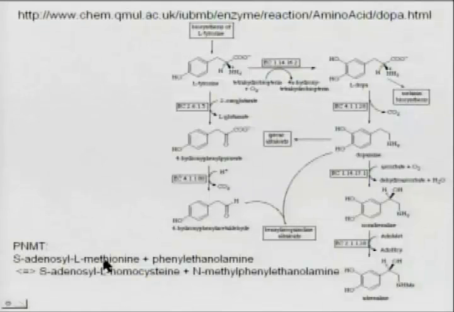Common methyl group source or provider, and plus the phenylethanolamine leads to S-adenosyl L-homocysteine plus the N-methylphenylethanolamine. So we N-methylated it, so N-methylphenylethanolamine, or adrenaline. A lot for you to remember, but work on it, because I will test you on each of these. Next, then, the indoamine synthesis. Notice that there is an E in indoamine.